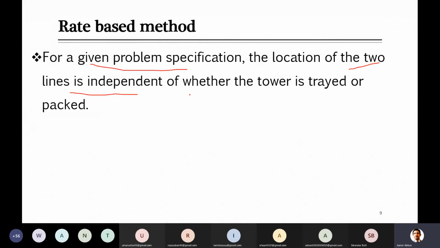The equations that tell you how to draw those lines are independent, because whether you use the tray tower or the packed tower, you have some equation which links x and y with each other.